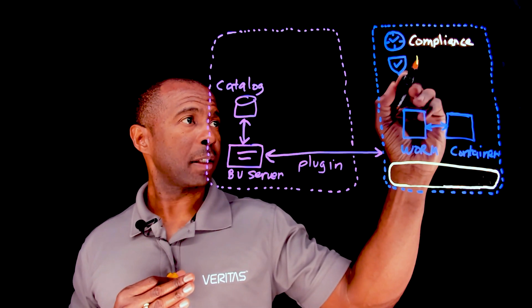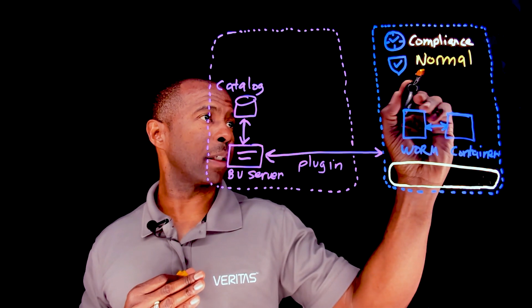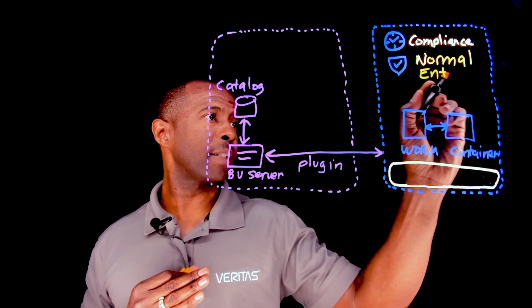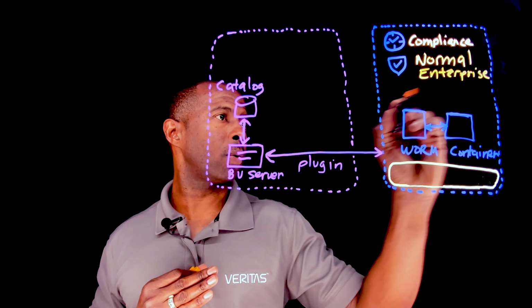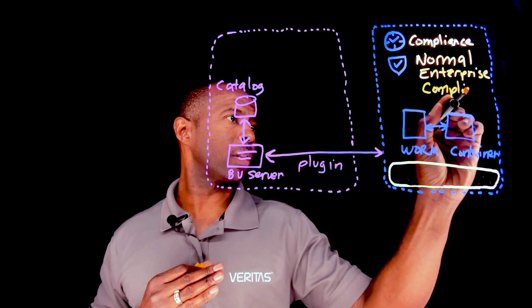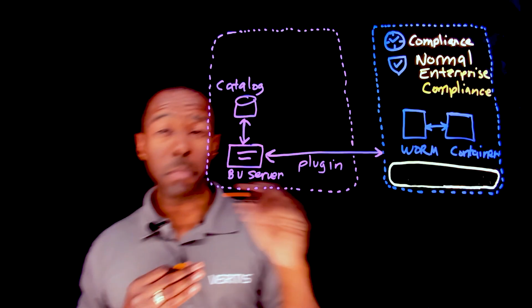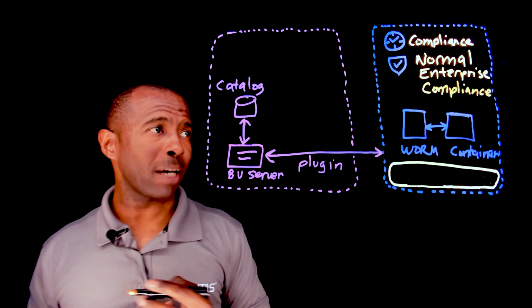Now, multi-layered immutability means being able to have multiple lockdown modes, right? So let's say you have normal mode, you can run in enterprise mode, and you can also run in compliance mode, which is going to give you even more protection. Normal mode is exactly how it sounds.